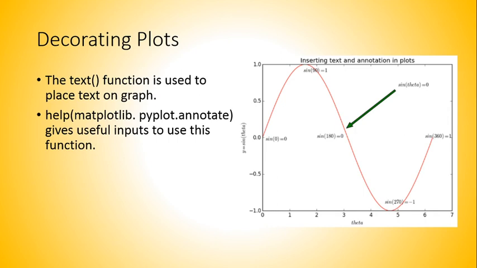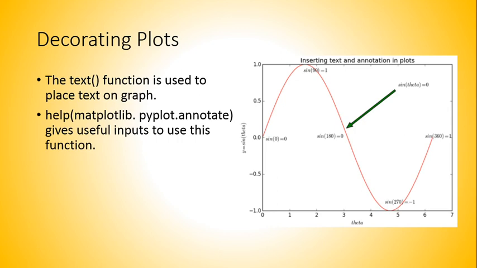What is sine theta 0 at this particular value when sine comes up? I want to plot it. I want to write the function of the plot. At that time, decorating is required using text, using arrows, using annotations.